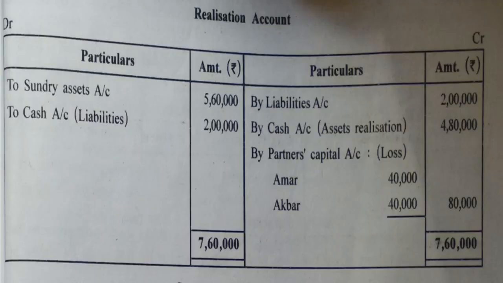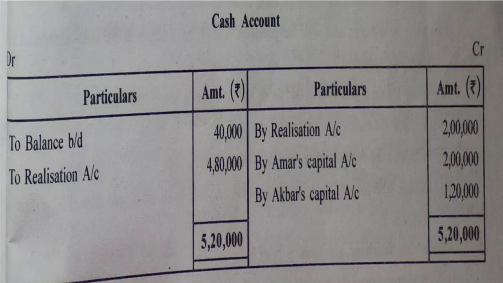For the realization of assets, it is cash to realization. So in realization account, you have written by cash, and in cash account, you will write down to realization account. Simple.